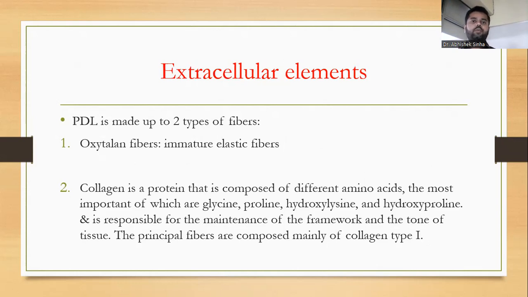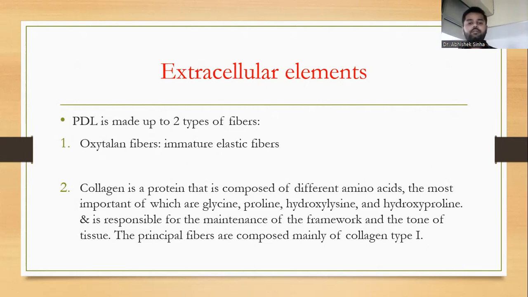Collagen fiber is a very important extracellular element present in the normal periodontium, and especially type 1. Collagen is a protein composed of different amino acids, the most important of which are glycine, proline, hydroxylysine, and hydroxyproline, and it is responsible for the maintenance of the framework and the tone of the tissue. Tonicity means elasticity. So to maintain the elasticity, you need collagen fibers.